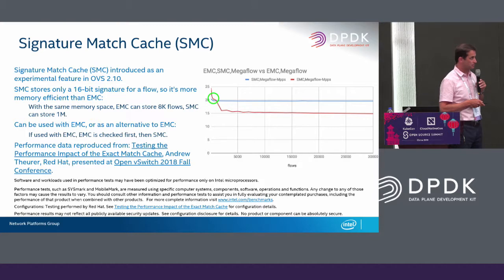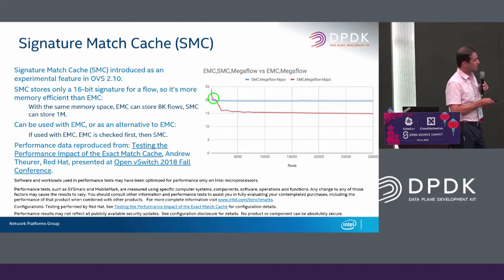So there's a very good paper from last year's OVS conference by Andrew Thurrer from Red Hat, where he did a very detailed performance analysis of the exact match cache versus the signature match cache. So it's worth looking at if you're interested in OVS performance. The really interesting thing, the blue line, I should start with the red line here, is the exact match cache performance.